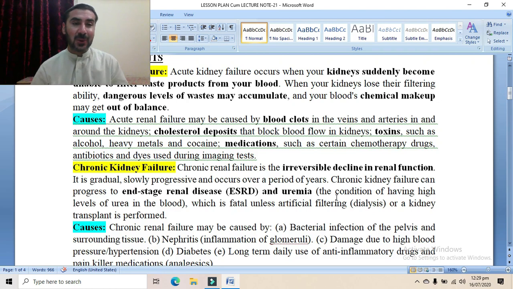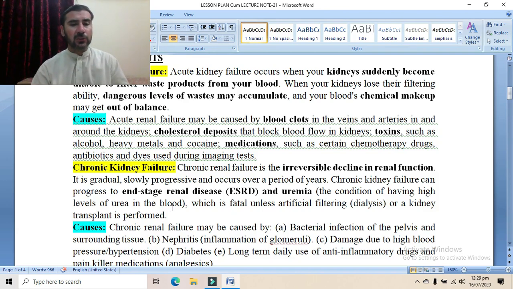Specifically speaking, the glomerulus and Bowman capsule are not properly working. So slowly and gradually the waste products accumulate in the body, and the urea concentration will increase several folds in the blood, and ultimately it will cause chronic kidney failure.